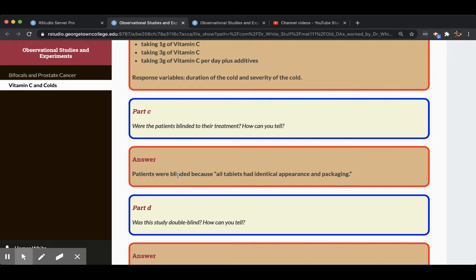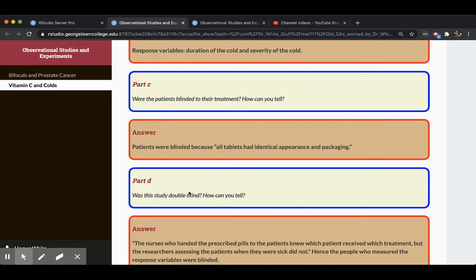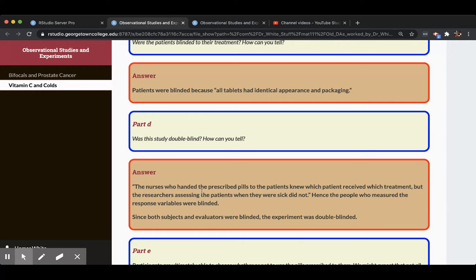So here's my answer, and I state specifically what I saw in the scenario information that grounded my response. Was the study double-blind? So they're asking, was it blinded on the researcher side as well as on the subject side? And how can I tell this? Well, I look back in the scenario information again, and I found this.